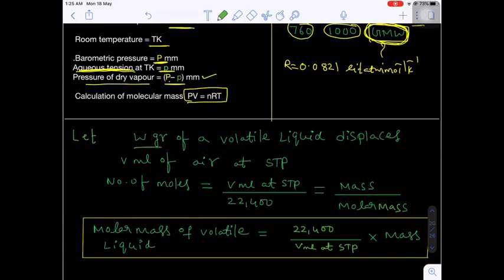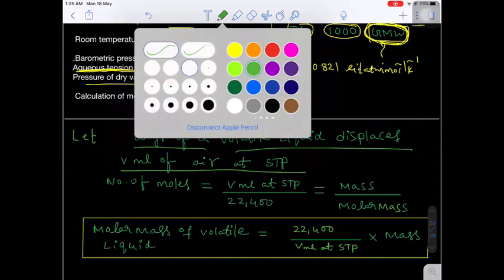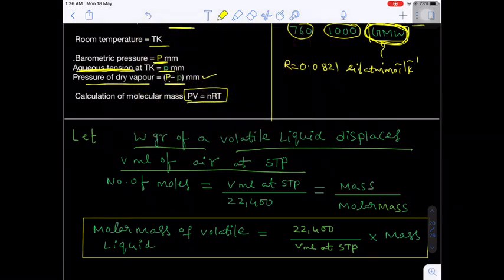Now let's suppose W grams of a volatile liquid displaces V mL of air at STP. How do we find the number of moles here? Given volume divided by the volume at STP condition, which is 22,400 mL. And one more formula to calculate the number of moles is the given mass divided by the molar mass.